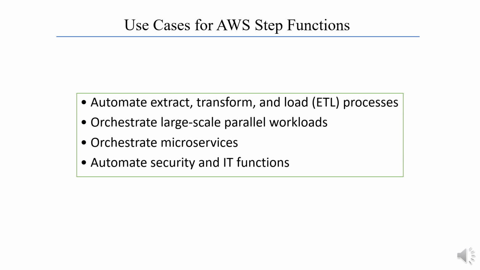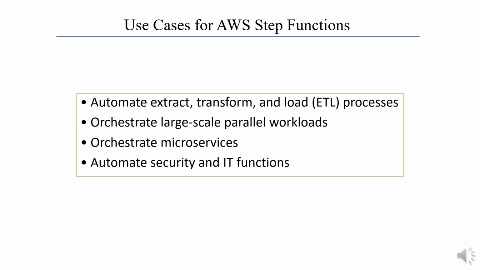AWS Step Functions supports the following use cases, which cover the need of a broad spectrum of customers: automate extract, transform, and load ETL processes, orchestrate large-scale parallel workloads, orchestrate microservices, and automate security and IT functions. Let's elaborate each of these use cases for AWS Step Functions.